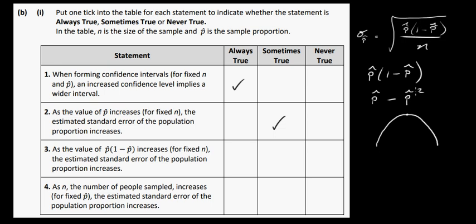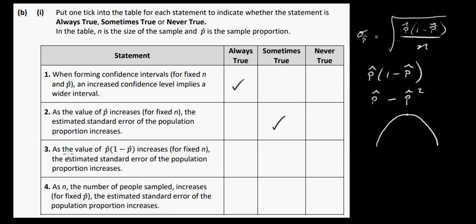When the top part of the fraction is decreasing, the fraction will decrease. So the entire standard error will increase and decrease as p hat increases. Sometimes it increases, sometimes it decreases.